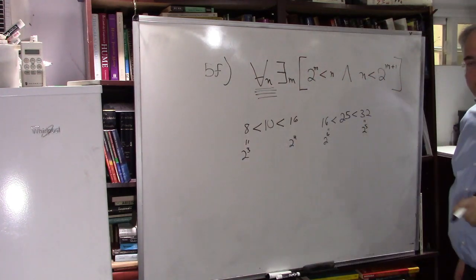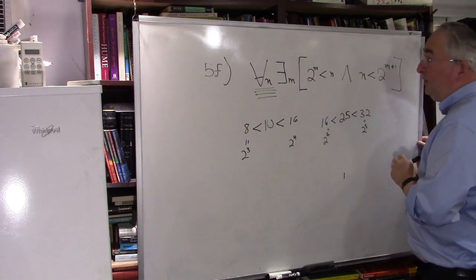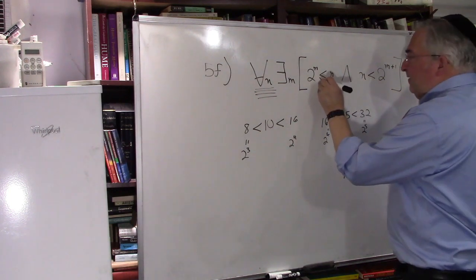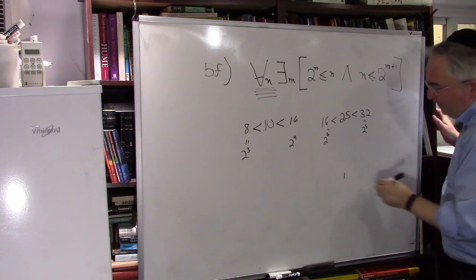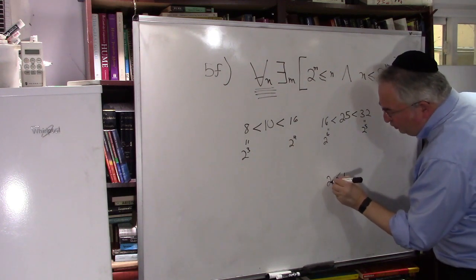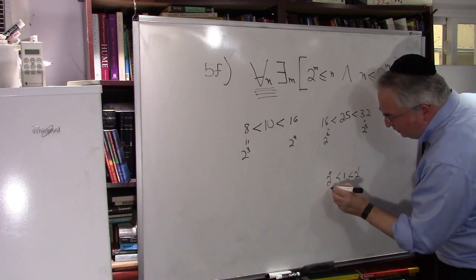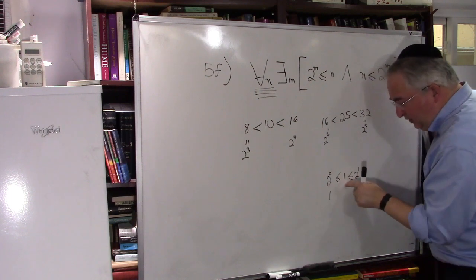There's one number where it's false. Okay, let's do it for 1. Oops, I'm sorry, I left out this. 1 is less than or equal to 2 to the 0, which is less than 2 to the 1. So this 2 to the 0 is 1, so 1 is equal to 1.